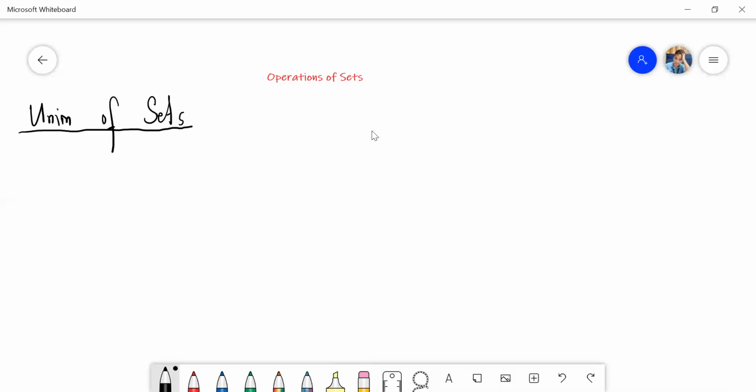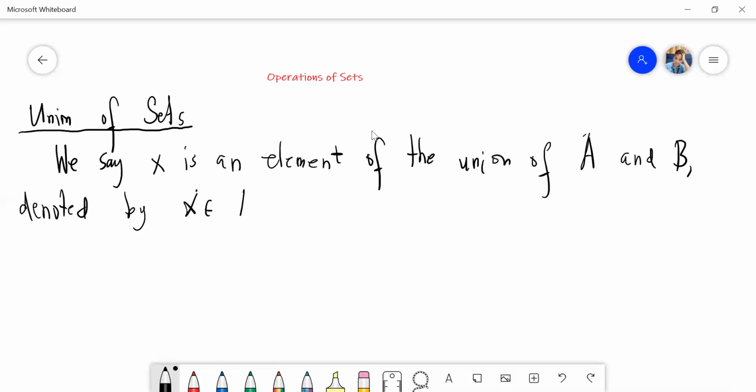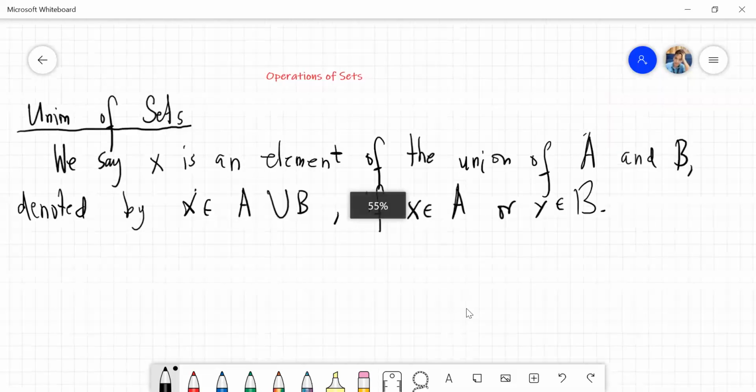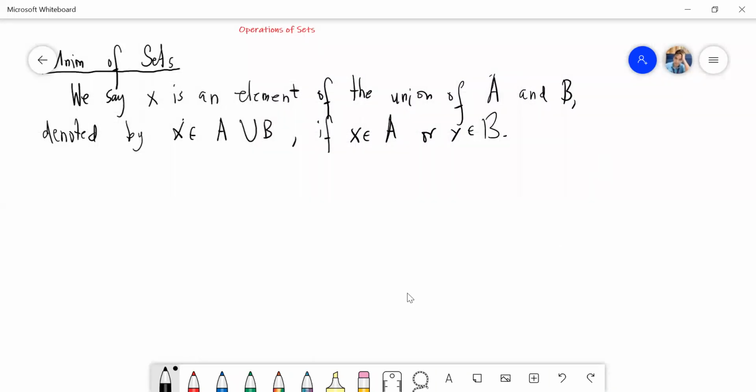So to define that, we say X is an element of the union of sets A and B, denoted by this symbol, if X is an element of A or X is an element of B. Now, before I explain this concept of operation, let me introduce the other operation so that we can have a comparison of the two operations.